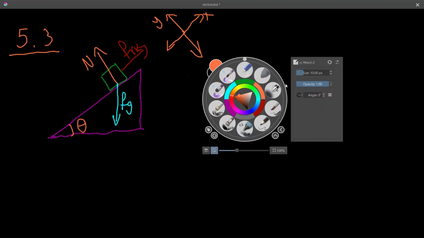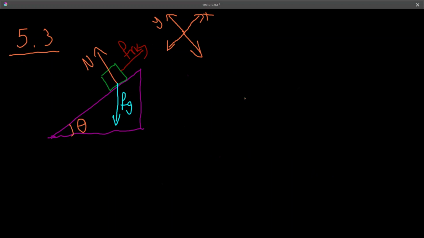We break Fg into two components, and we say that Fg has a component right here that goes this way, and this is Fg sine theta. If you're wondering why it's sine, you just play a bit with the triangles. It's some geometry, and you'll find out that the angle theta would be over here, or if you want to use this exact angle, it would be over here.